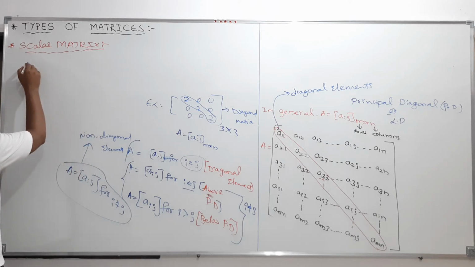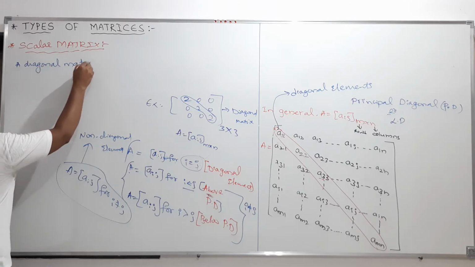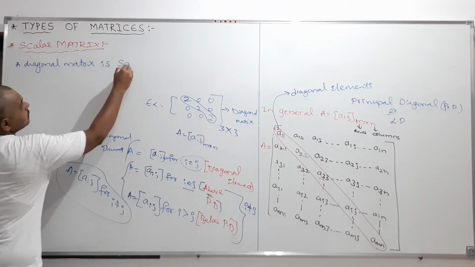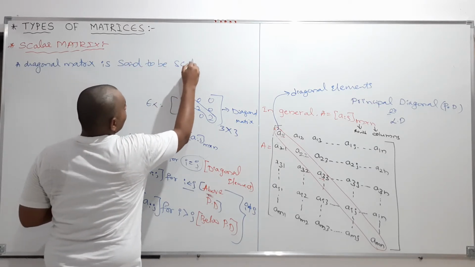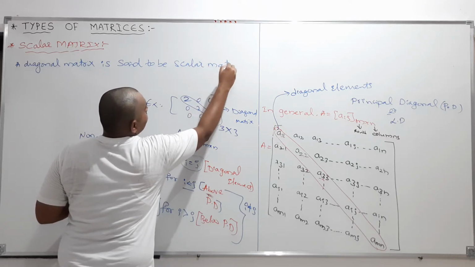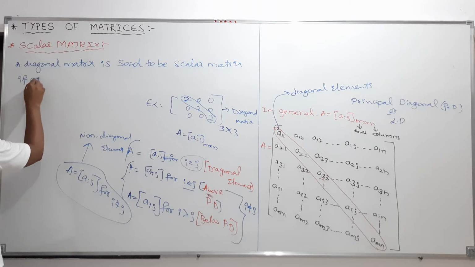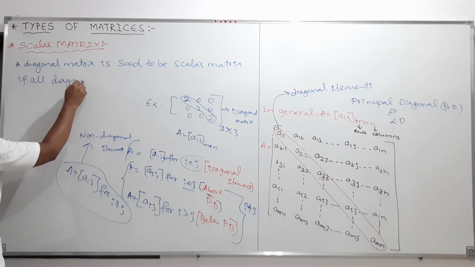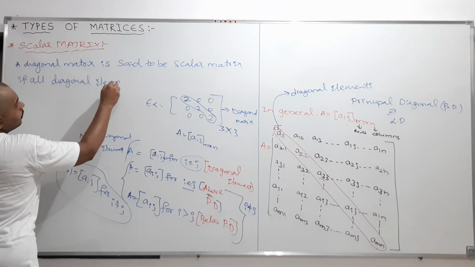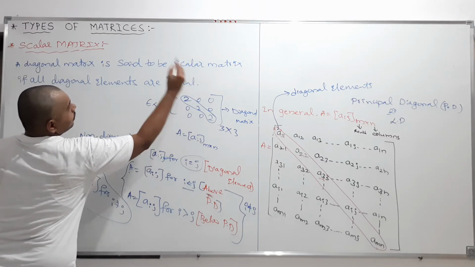A diagonal matrix is said to be a scalar matrix if all diagonal elements are equal.